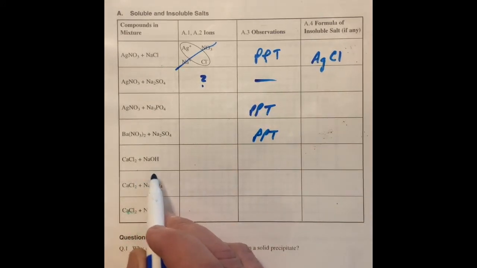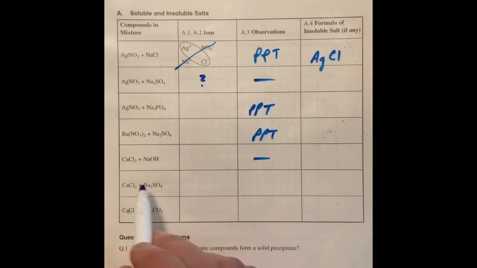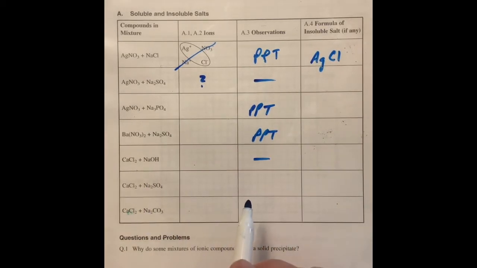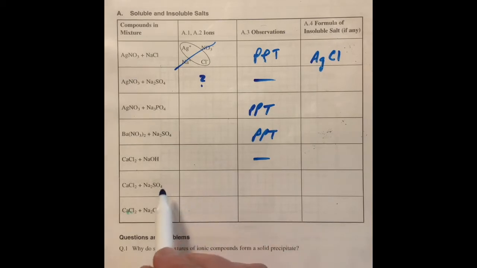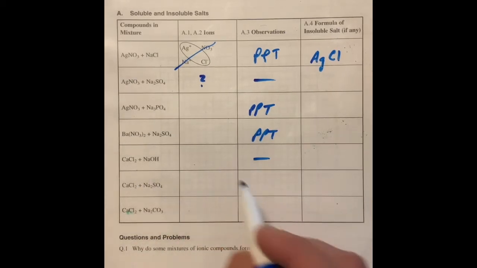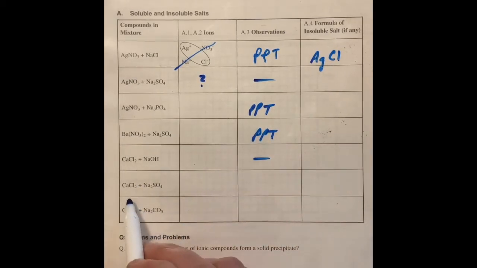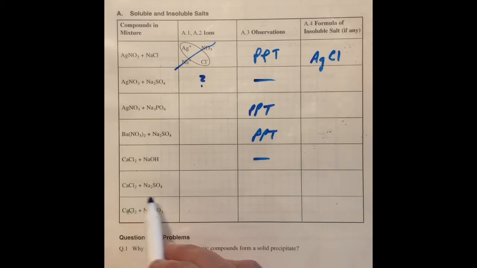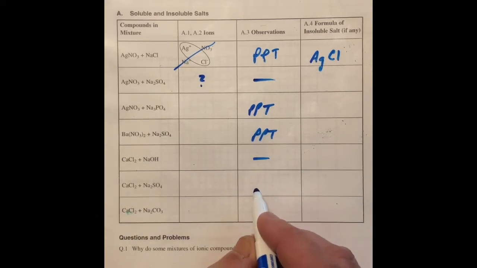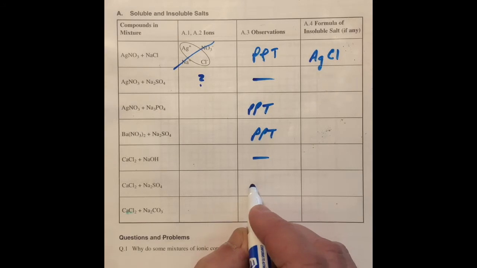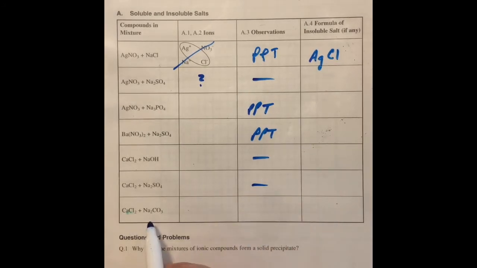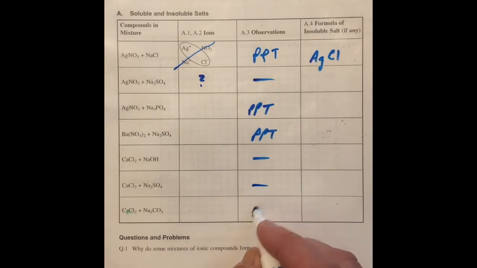Calcium chloride, sodium hydroxide, we're not supposed to see anything, but sometimes there's a little confusion from carbon dioxide forming carbonate in the solution, but officially nothing happens there. Calcium chloride, sodium sulfate, that's an iffy one. We'll say nothing happened on that one. And then calcium chloride plus sodium carbonate definitely forms a precipitate there.